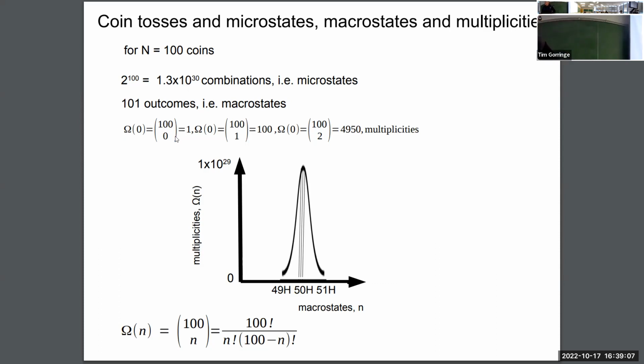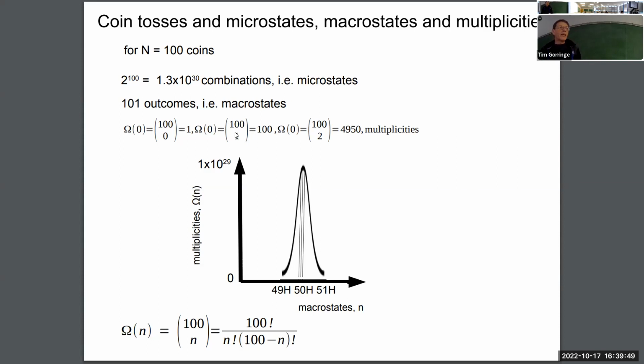So the chance of throwing all heads, so no tails, is 1 out of this number of combinations, 1 out of more than 10 to the 30. It's not like the three coin flips, where getting 3 heads was kind of unlikely. Now it's almost impossible. Likewise, getting all tails would have a chance of 1 out of 10 to the 30. So again, it's almost impossible.